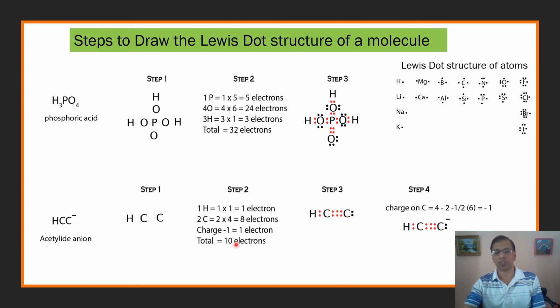So you have 2 here and 2 here, so that's a total of 4. 10 minus 4 is 6, so you put the remaining 6 electrons between the 2 carbons, and this represents a triple bond.